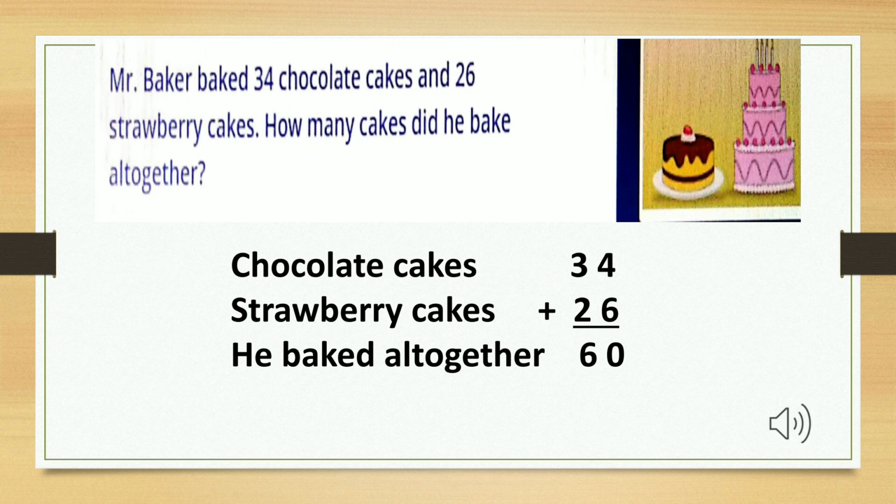Now in our third statement, we will write he baked altogether and after that we will add 26 to 34. Again, first we add the ones value and then we add the tens value. After adding 26 to 34, we will get 60.